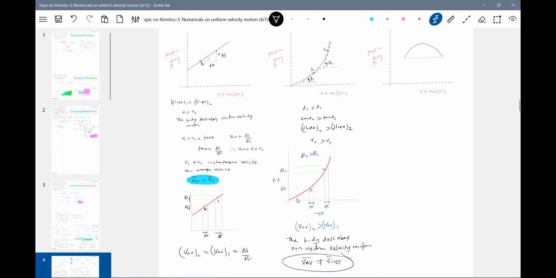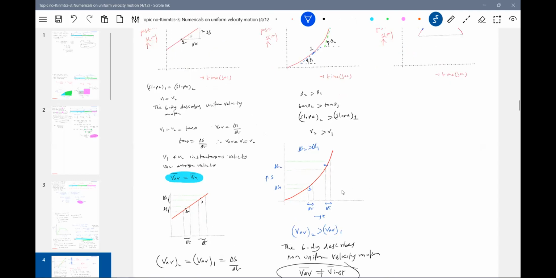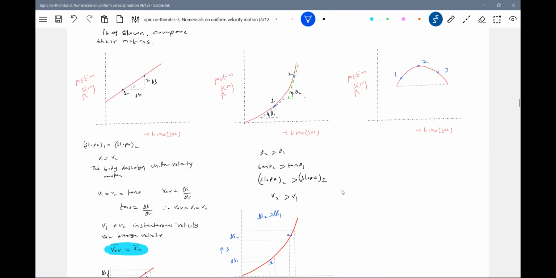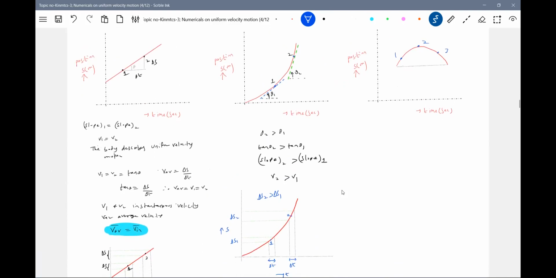Similarly, let's interpret the third graph. Let me choose the experimental points: 1, 2, 3. Let me magnify it. Now look at the points 1 and 2.